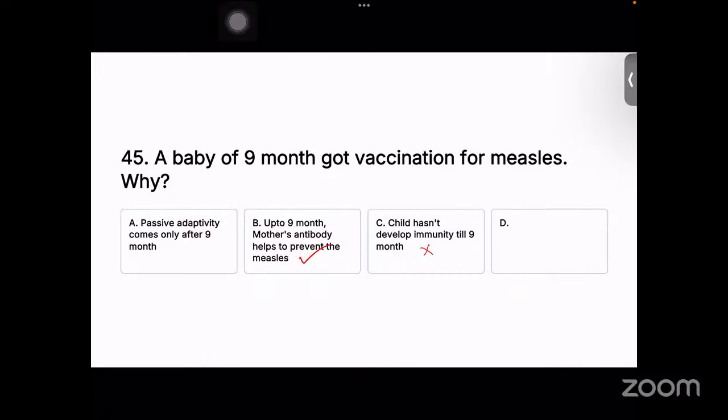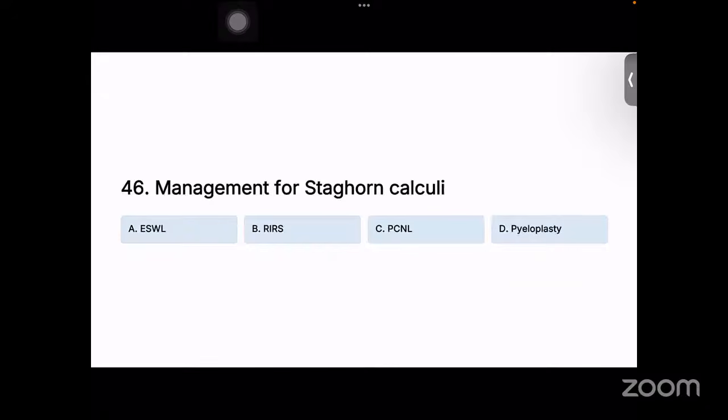Okay. So next, management protocol for the staghorn calculi. For staghorn calculi, we always do the PCNL. Why are we doing a PCNL for the staghorn calculi? Because we have the ESWL and the PCNL. So the indication for the PCNL is that the calculus should be more than 2 centimeter.